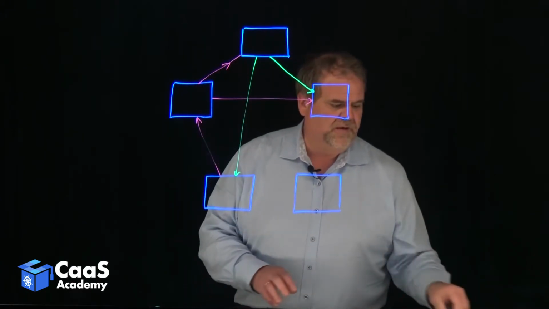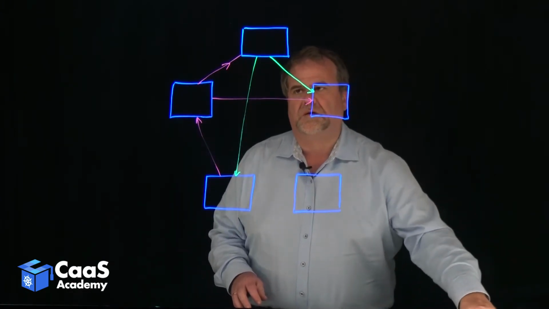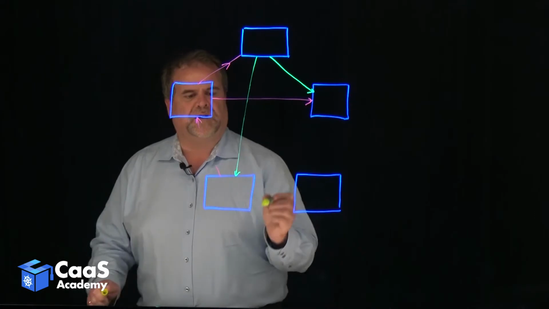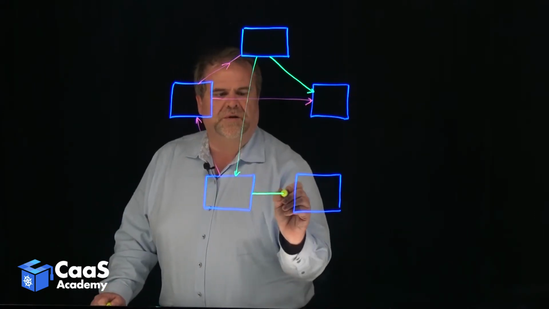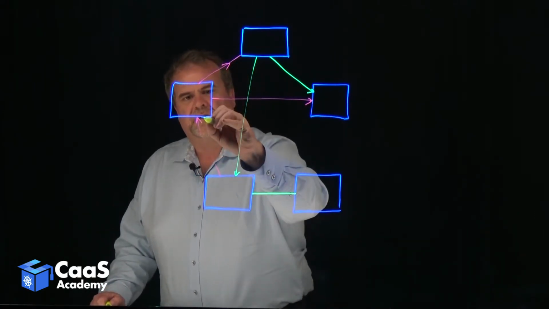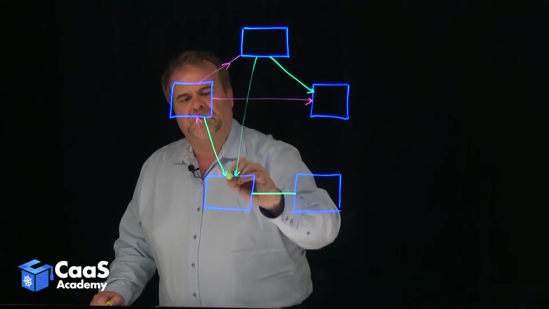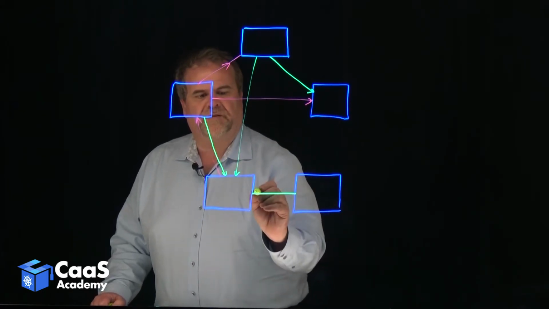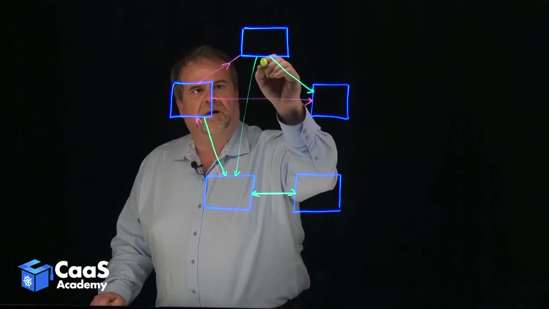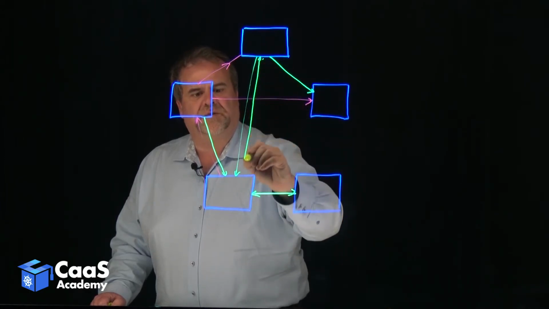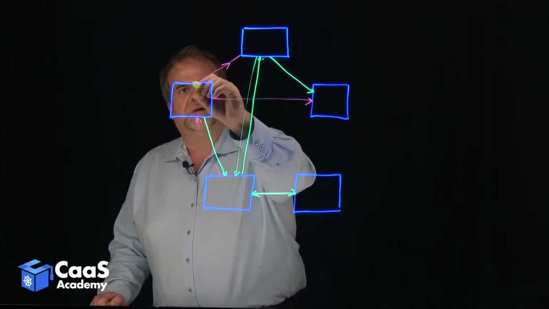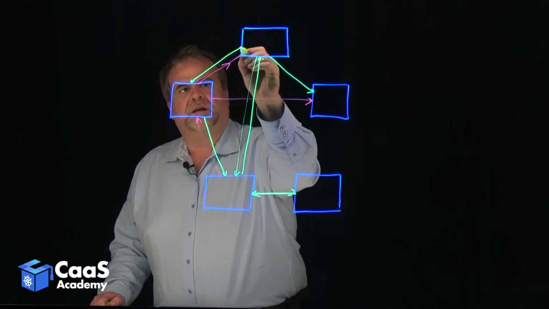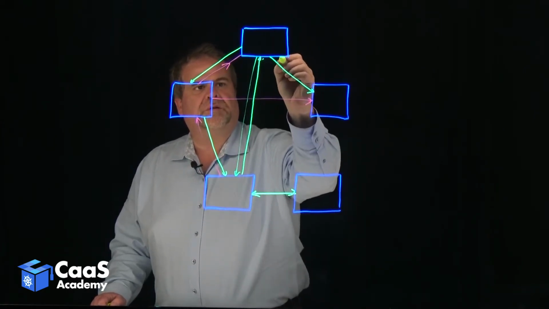However, there are a lot more connections possible. Drawing them out, I have this connection, which isn't being used. I have this connection. I have this connection, which isn't being used. I have that connection, which isn't being used.